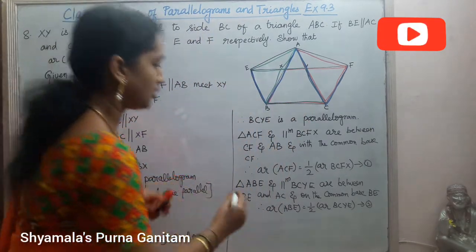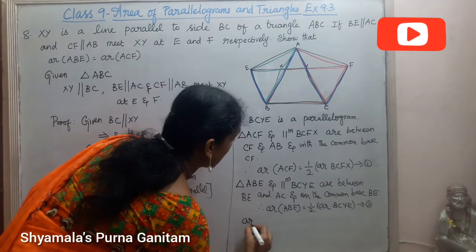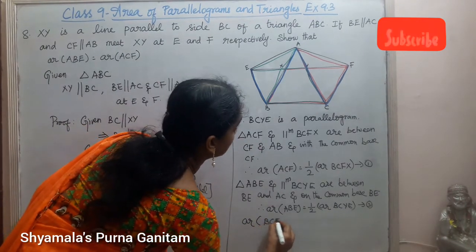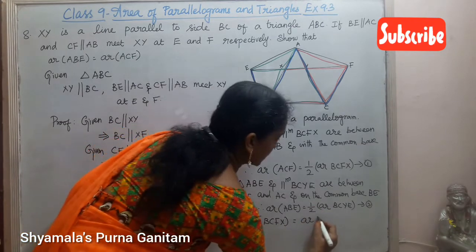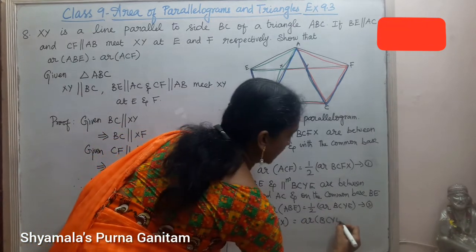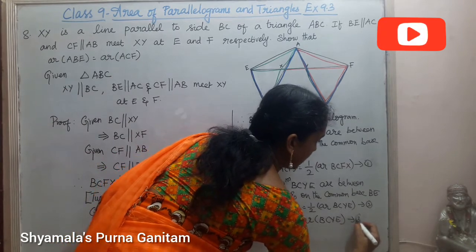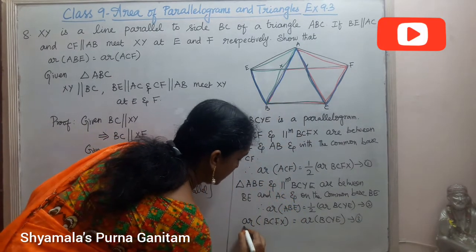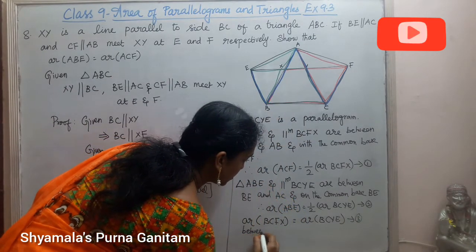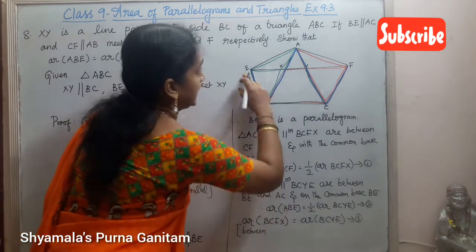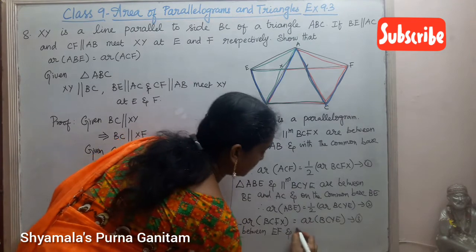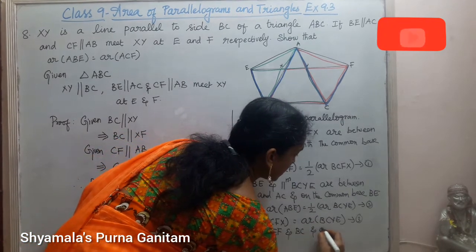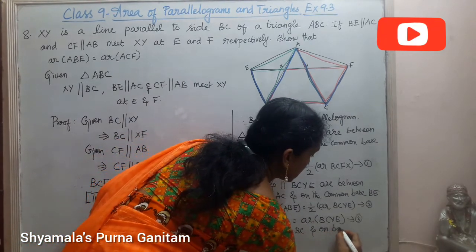So area of BCFX is equal to area of BCYE. So this is the third equation, between parallels EF and BC, and on base BC.